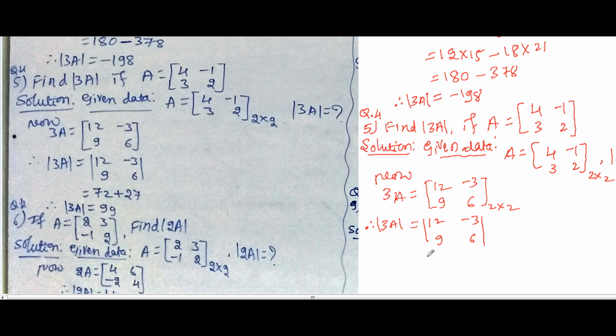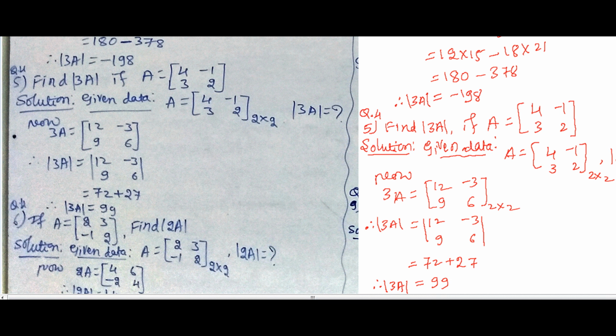So see here, 12 into 6 is 72. On this side 9 into minus 3 is minus 27. But while taking minus on this side, minus and minus is going to come out as plus 27. Then if you add that, it comes out as 99. Therefore the determinant of 3A is 99.